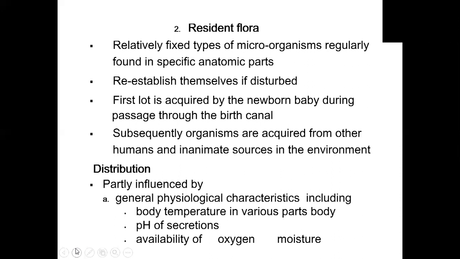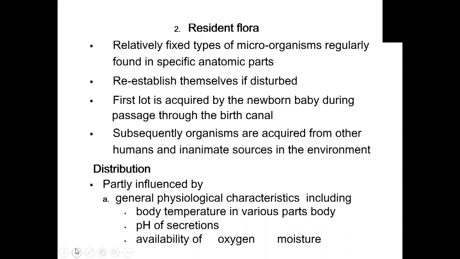The distribution is partly influenced by the general physiological characteristics, including the body temperature in various parts. So there are some parts which are warm, and there are some organisms that prefer those warm areas. And then there are some parts of the body which are cool, and there are some types of bacteria which are found in those cooler parts.